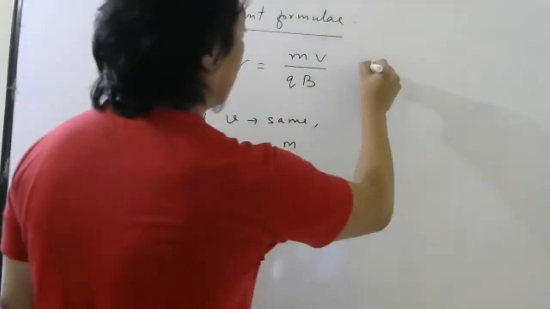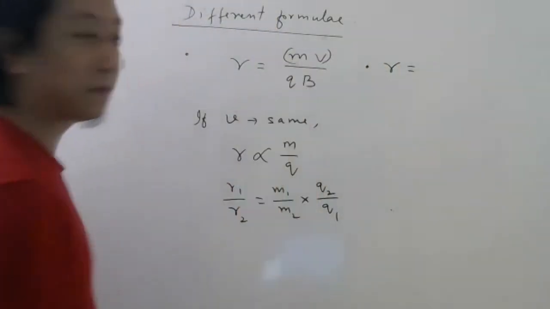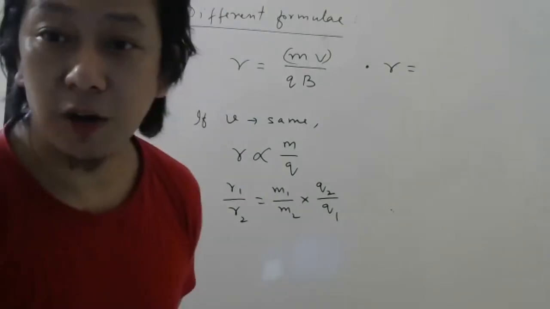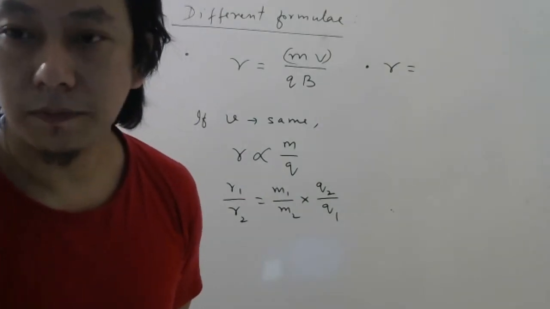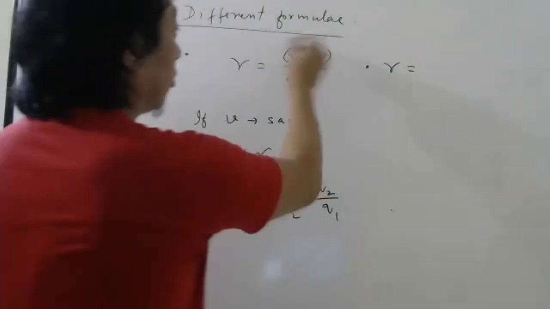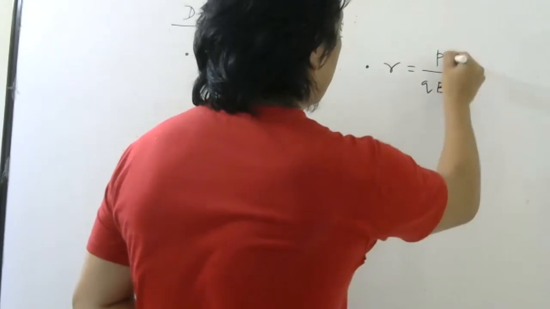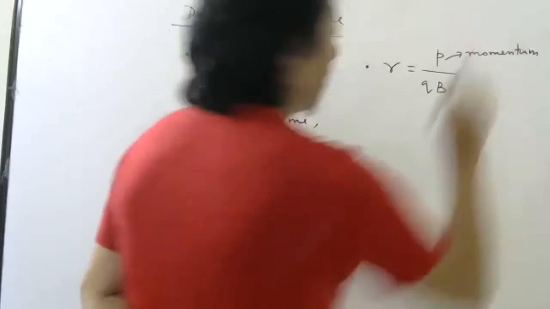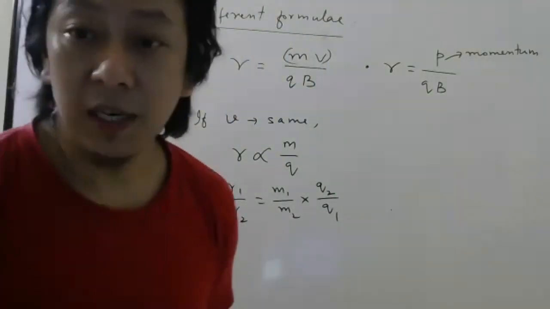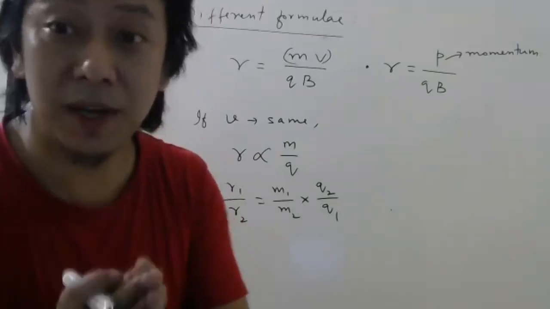Now, we can also write this formula. What is mass into velocity called in physics? Momentum. So I can also write mass into velocity, momentum by qB. So this is momentum. Now it is very much possible they may say the charges are moving with the same momentum.